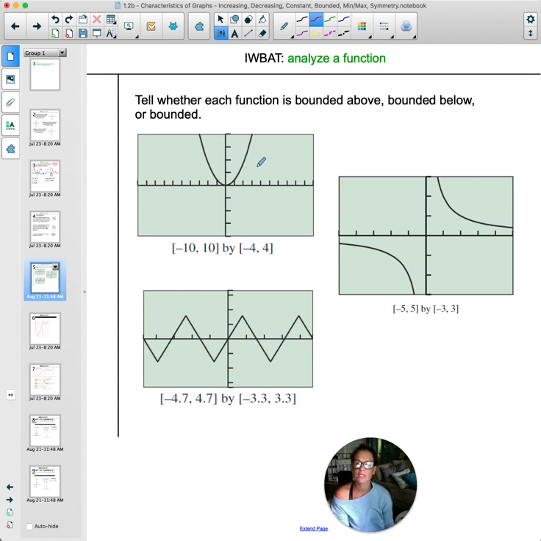So if we take a look, this quadratic right here is bounded below. There's a lower limit that it can't go past. So this one is bounded below. This one has an arrow up and an arrow down, meaning no local mins or maxes. So this one is unbounded.